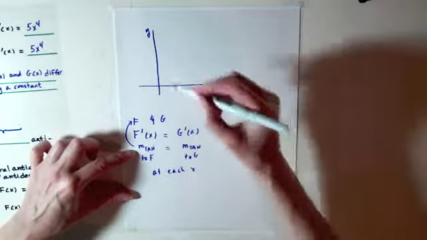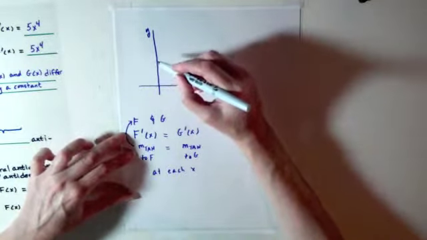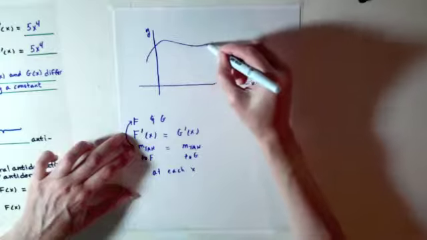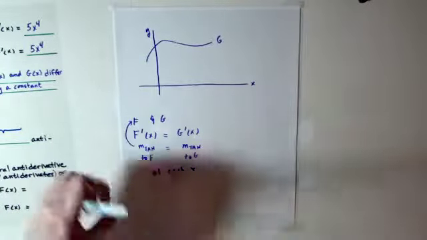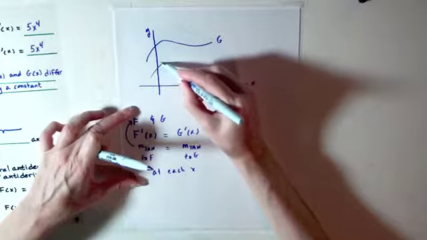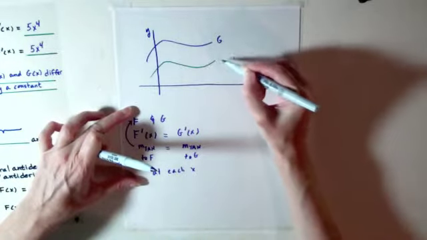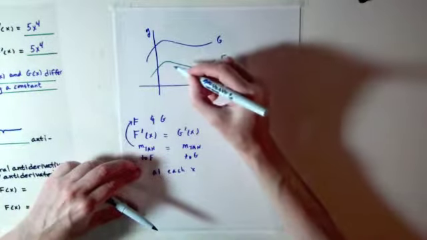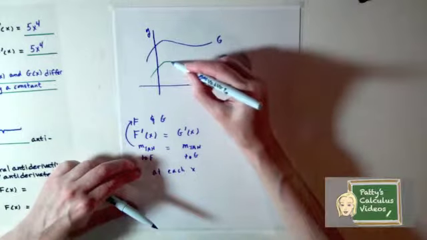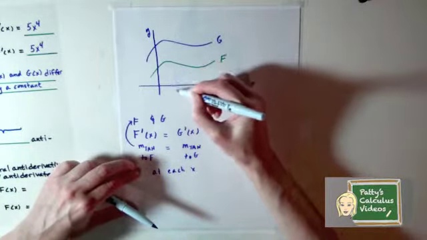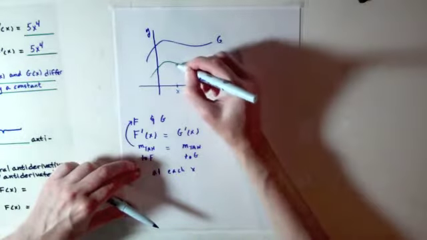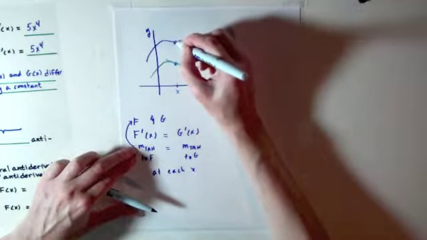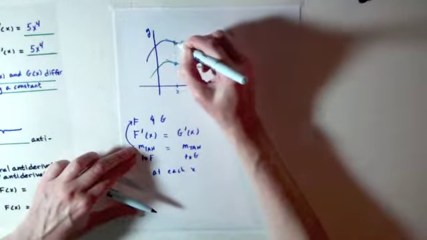And that's because the derivative of the function is the slope of the tangent line to that function at that particular x value. So whatever our curves look like, if our curve G maybe looks something like this, and our curve F looks something like this, what we are saying is that when you pick a particular x value, suppose I pick this x value right here, we're saying that the slope of the tangent line to F is exactly the same as the slope of the tangent line to G at that particular x value.